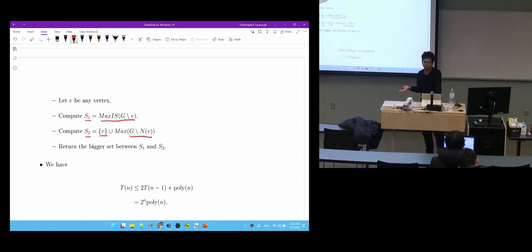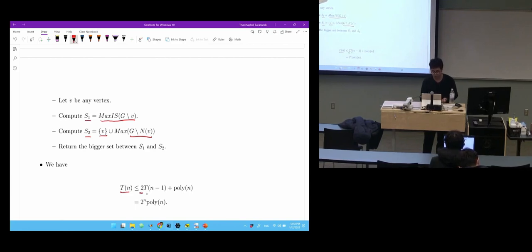What's the running time? Well, you can write the running time with this recursive equation. Given a graph of size n, you have two choices.